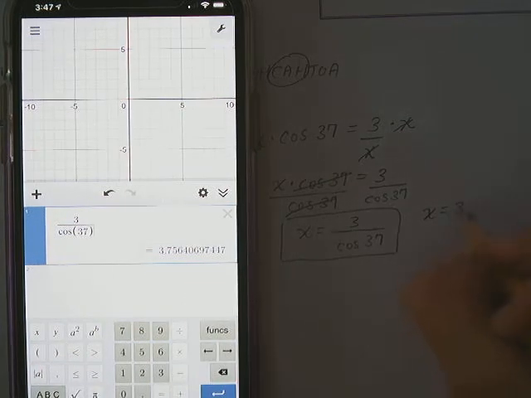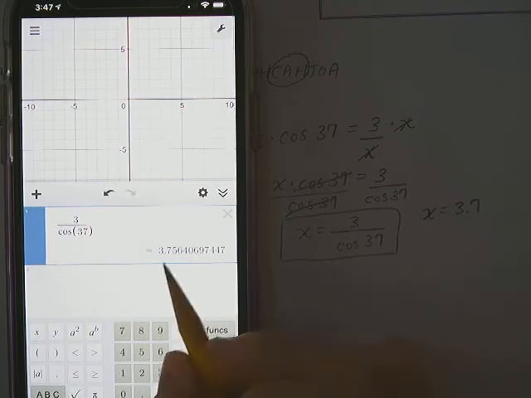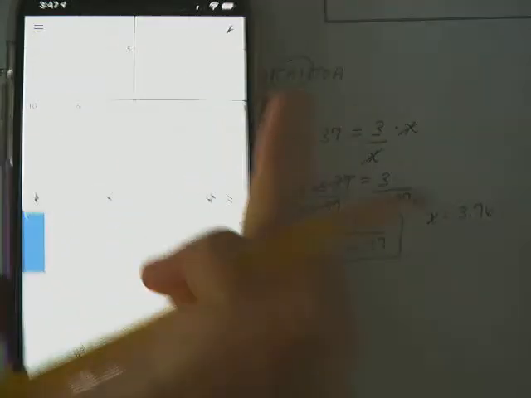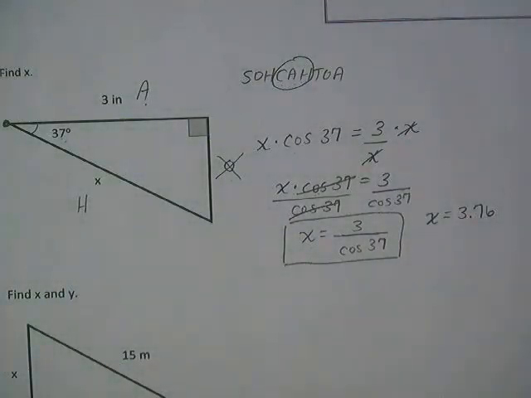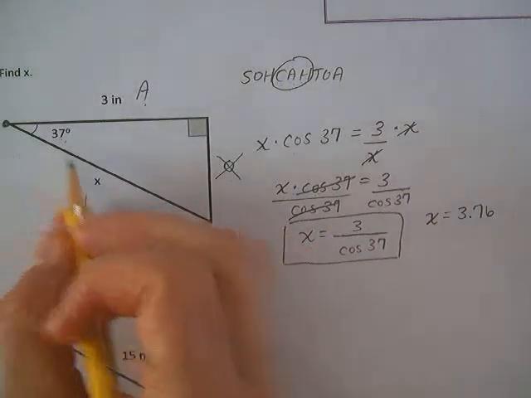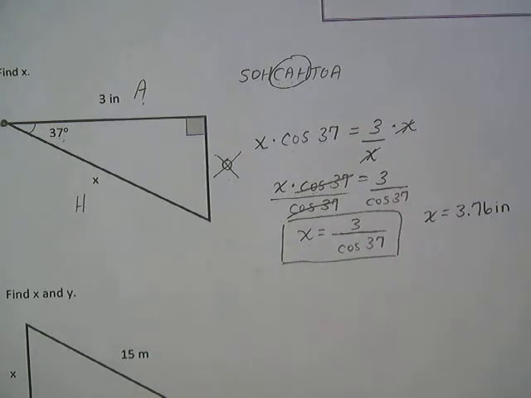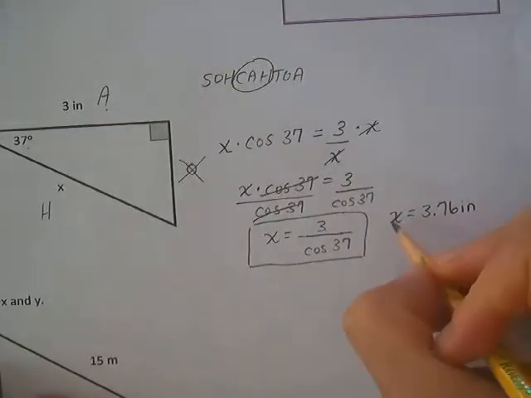So x would equal 3.7, and if we round to the nearest hundredth, that's 6, we'll round the 5 up. And so it's 3.76. And then the units, because it's the length of this side, and if I look, the units for this is in inches. We got inches. All right. So that is the answer to that problem.